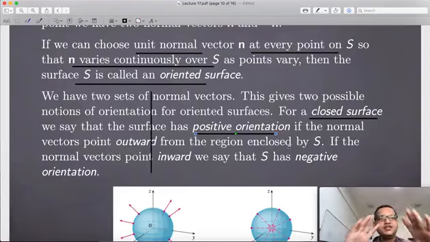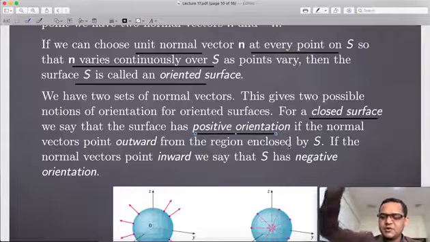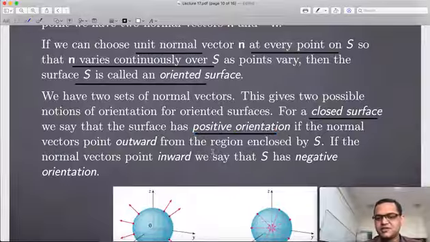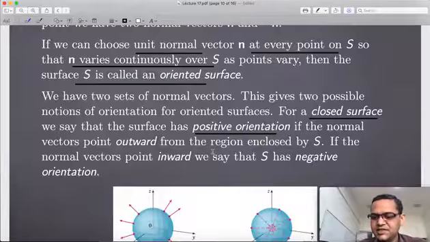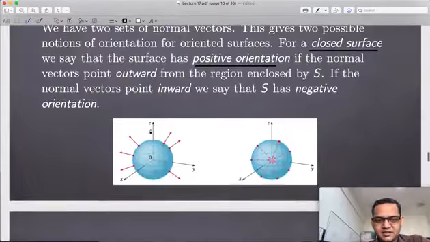So you have a closed surface, and it is going to enclose a solid region. If the normal vector is always pointing outward from the region which it encloses, then you call it a positively oriented surface. And if it is pointing inward into the solid, then you call it a negative orientation of the surface. This is one illustration of this.